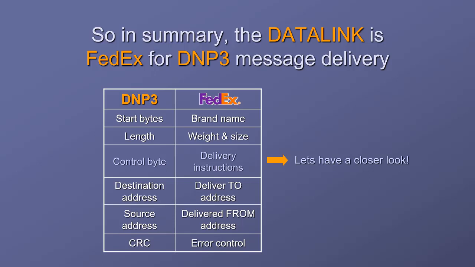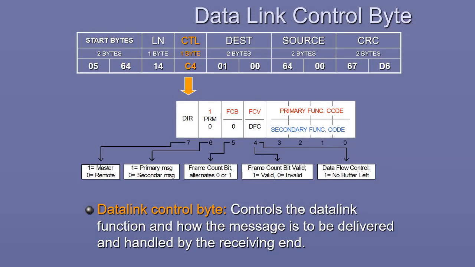Let's have a closer look now at the control byte, which is kind of like the delivery instructions. Depending on which bits are set in the control byte determines how the message is to be delivered and handled at the receiving end. Each bit has a particular function. As an example here, we can see that the direction bit, if it's set to a 1 or a 0, tells us, is this coming from a master device or a remote device?